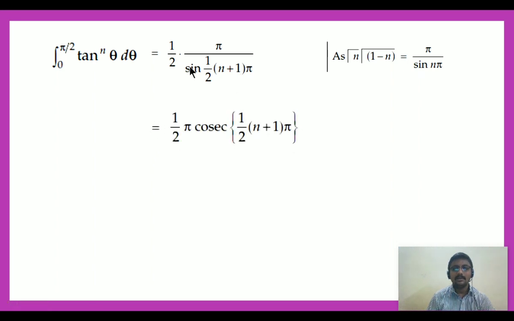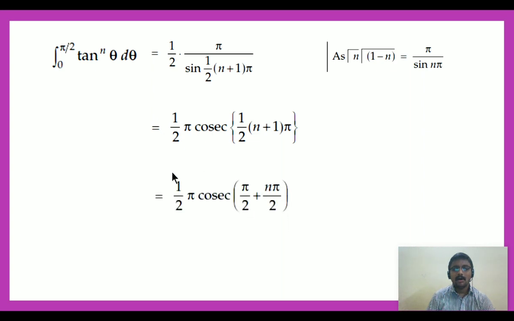Now that is half into pi constant, that is pi by 2. 1 by sin of n plus 1 into pi by 2 is cosecant of n plus 1 into pi by 2, because cosecant is the reciprocal of sine. So 1 by sine is cosecant.